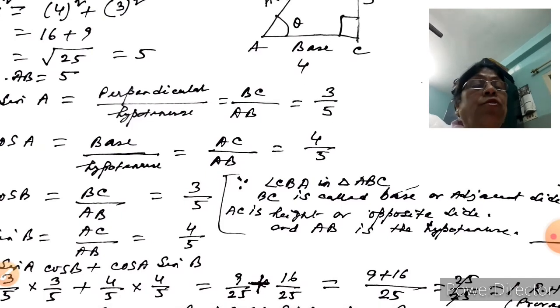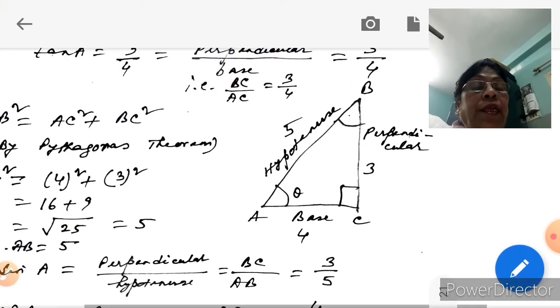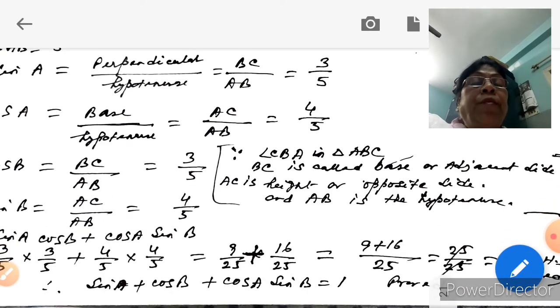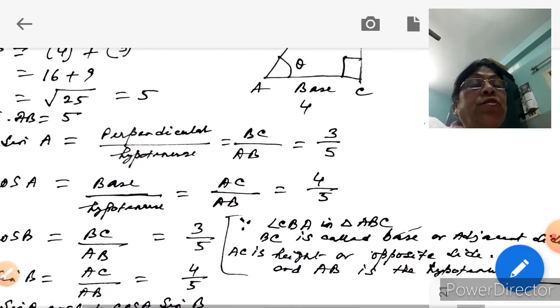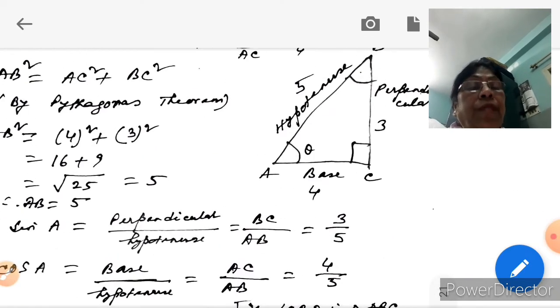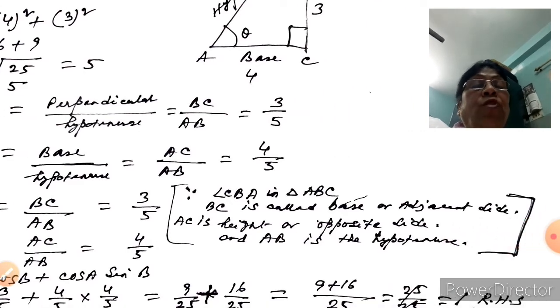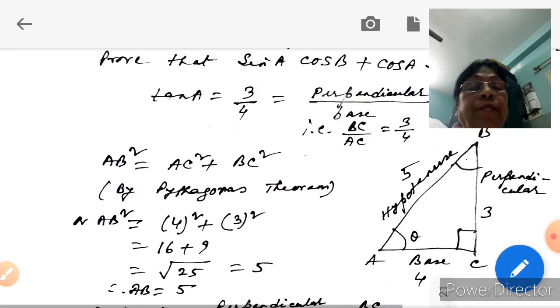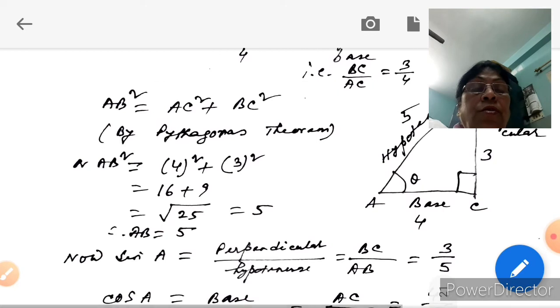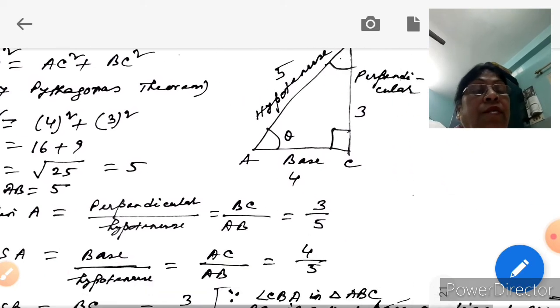Sin A is equal to perpendicular by hypotenuse, so BC by AB is equal to 3 by 5, and cos A is equal to base by hypotenuse. Already we have found the value of AB, and AB means hypotenuse.